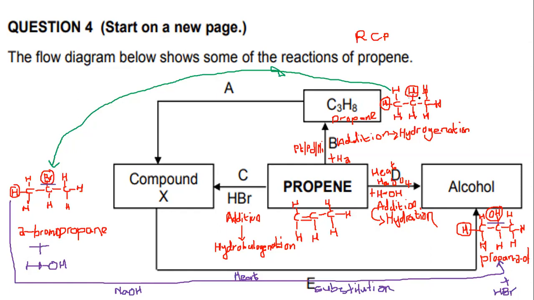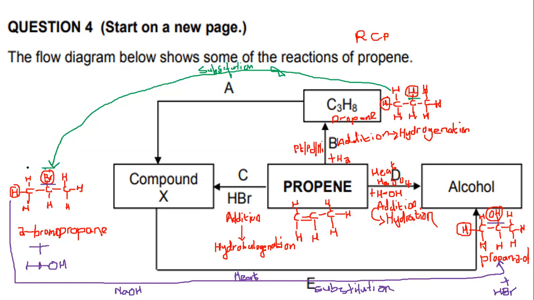Clearly, this hydrogen there has been substituted by a Br there altogether, and everything else is the same in terms of hydrogens. So definitely it tells me that reaction A is a substitution reaction.